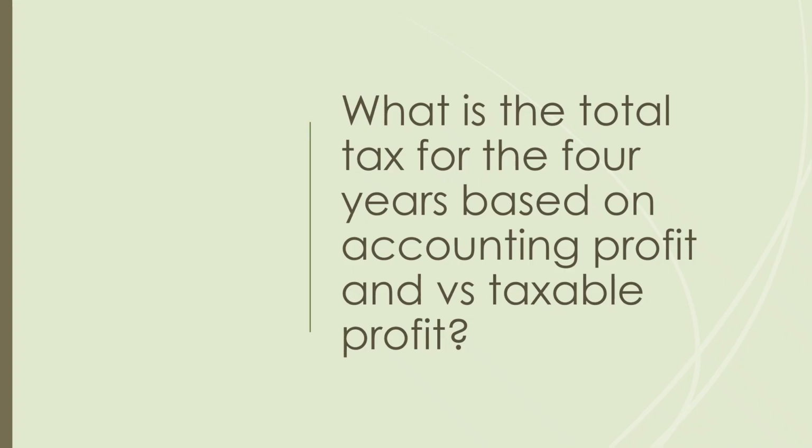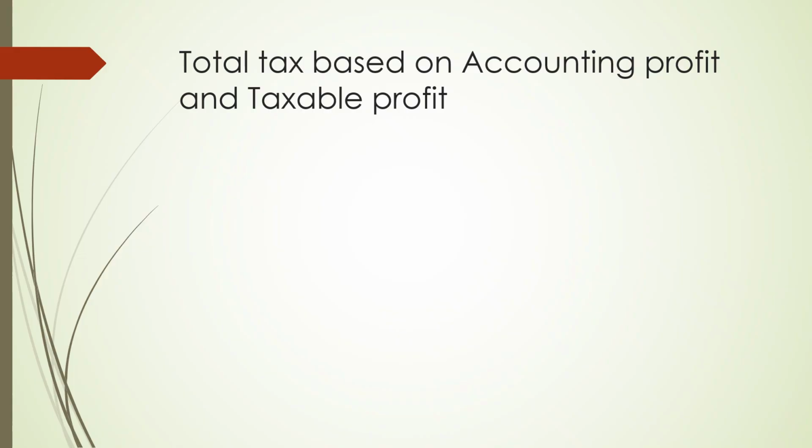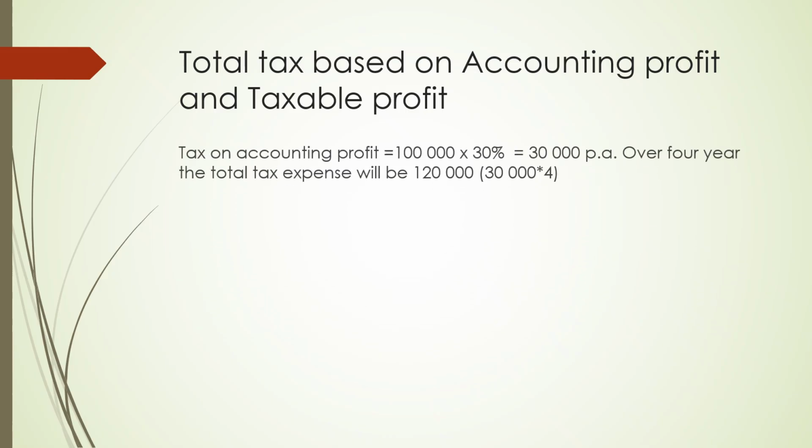What is the total tax for the 4 years based on accounting profit versus the tax based on taxable profit? The tax on accounting profit will equal 30,000 per annum.